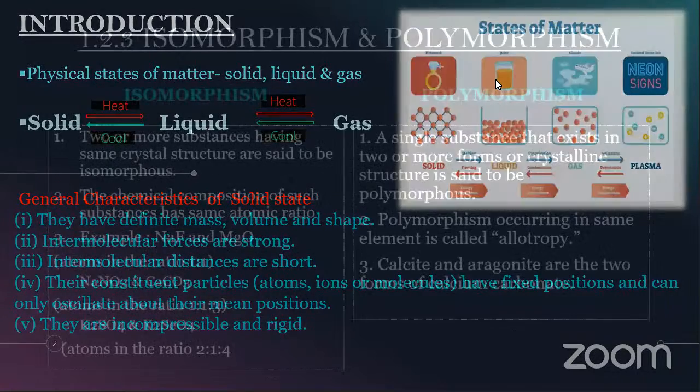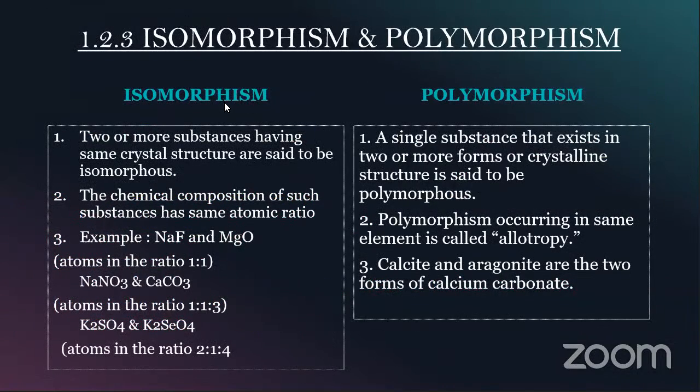Before we go to that, I just want to introduce you all to the terms isomorphism and polymorphism. What is polymorphism? In simple terms, suppose identical twins: they have the same genes, they come from the same parents, everything is the same in them, but still their appearances are different.